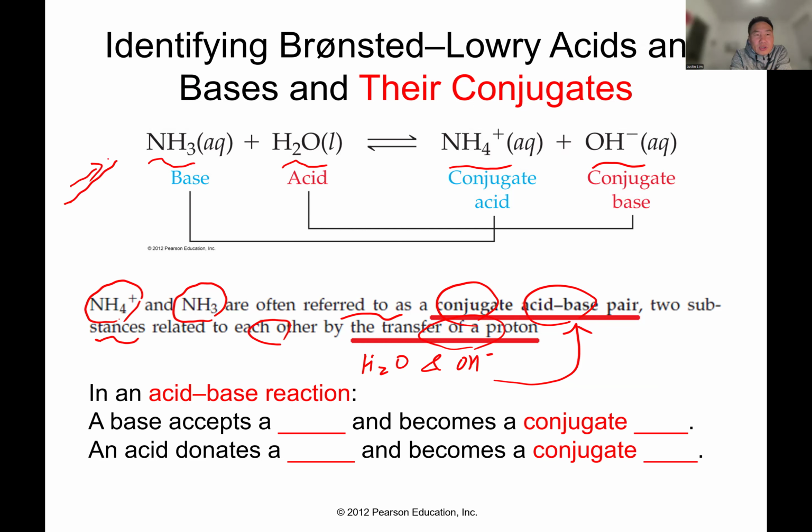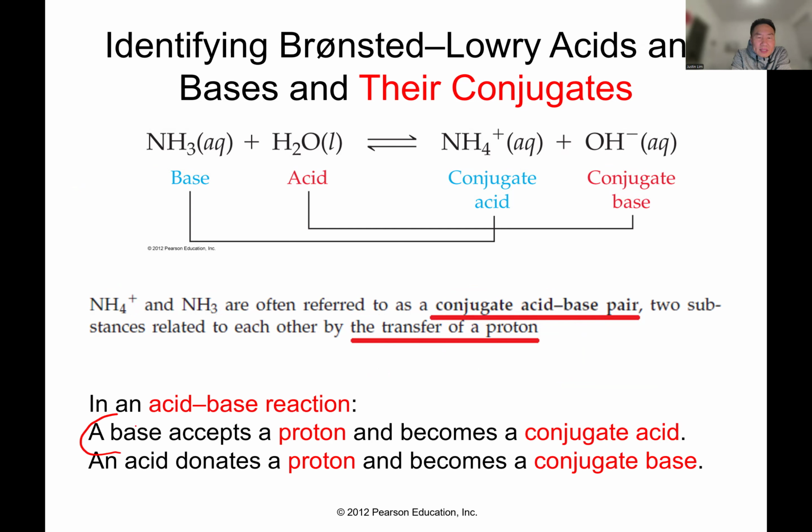In this reaction, there are two conjugate acid-base pairs: ammonium and ammonia, dihydrogen monoxide and hydroxide. In an acid-base reaction, the base accepts the proton and becomes a conjugate acid. An acid donates the proton and becomes a conjugate base.